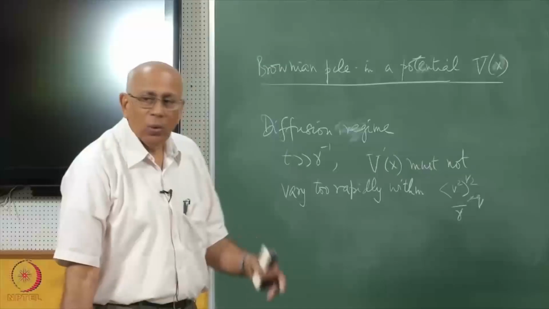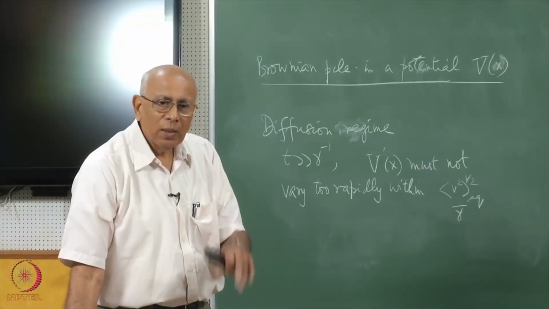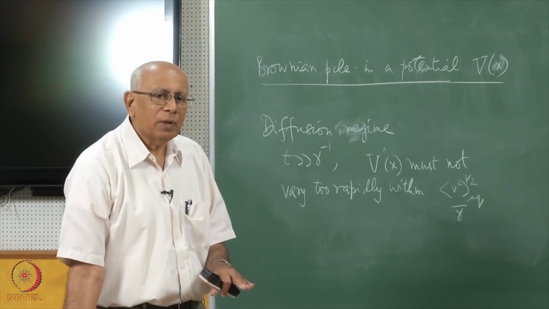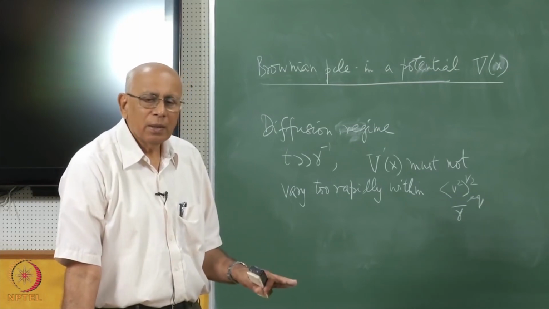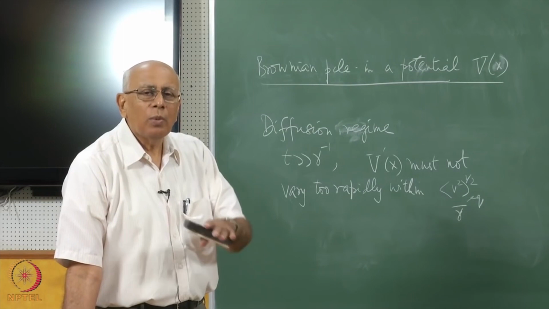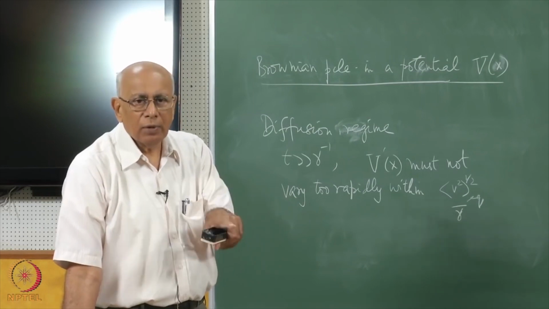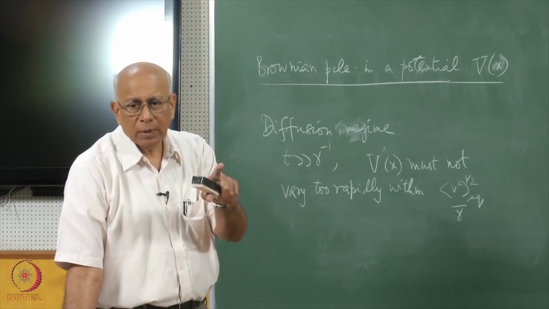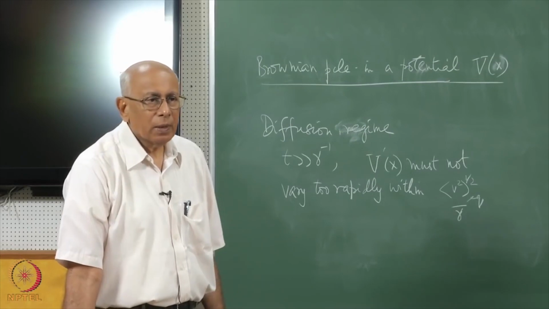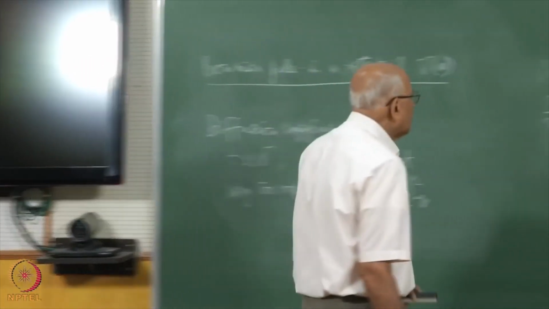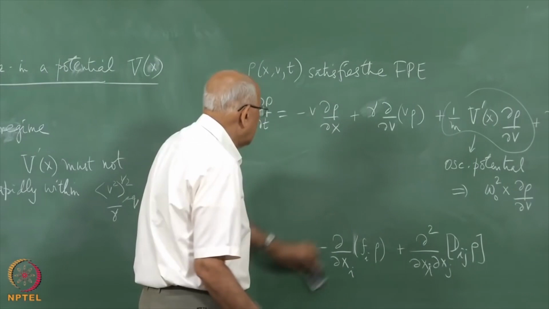Then how would you go to this regime? What would you do? You do exactly what you did for the original free particle case. Namely, you would say, I am going to throw away the inertia term, look at the high friction limit and ask what happens there, right. So, in that high friction limit, let us write it down below this.